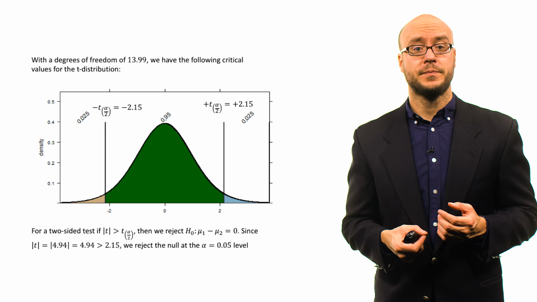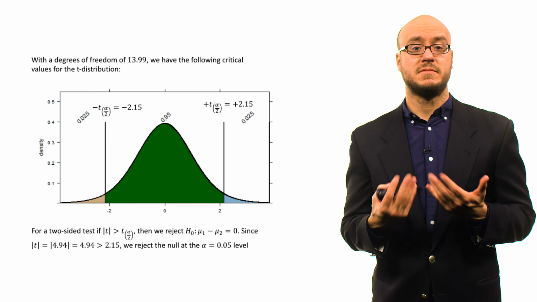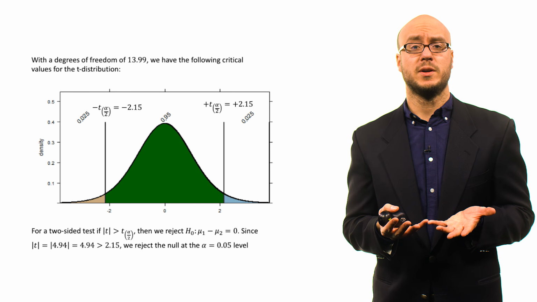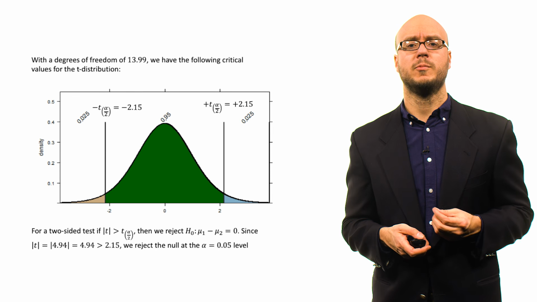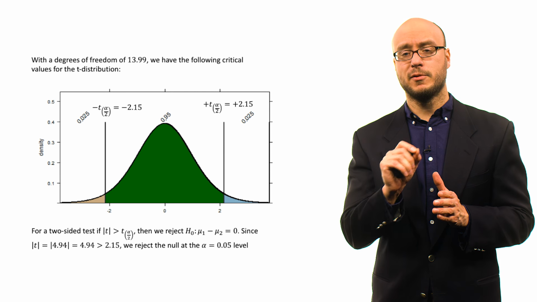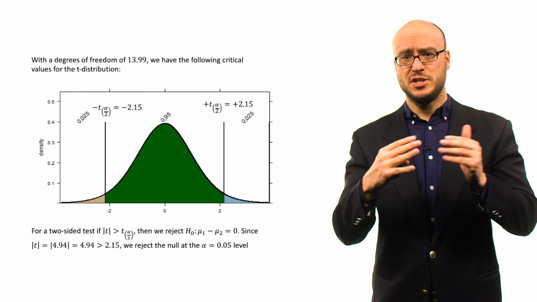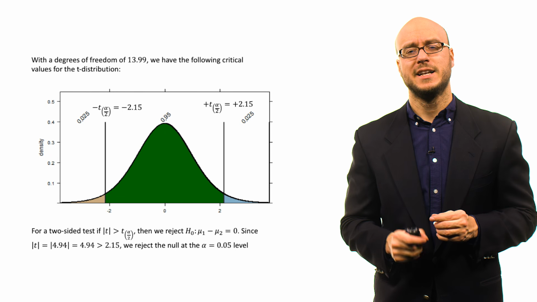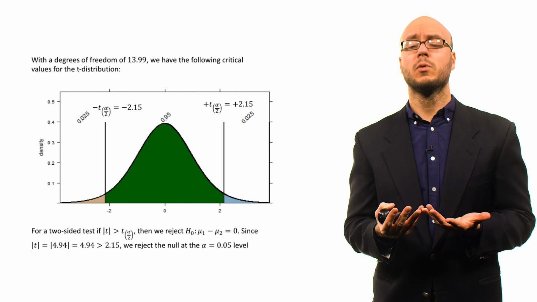So for this example, for a two-sided test, we have this test statistic in absolute value of 4.94, which is much greater than this critical value of 2.15. To put it another way, that test statistic is in that upper right tail. If that null is true, if the sampling distribution is centered around that null, it's very unlikely that we would have obtained the test statistic of 4.94.